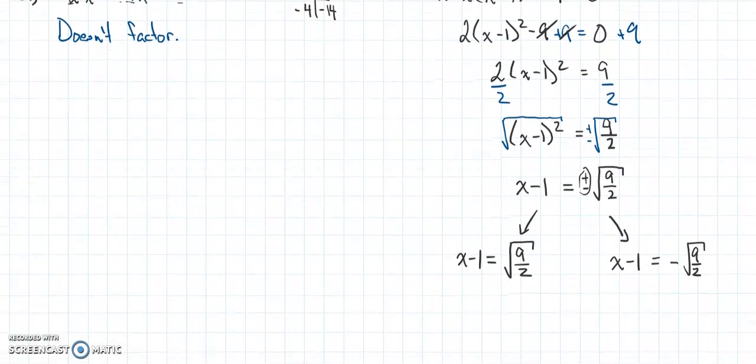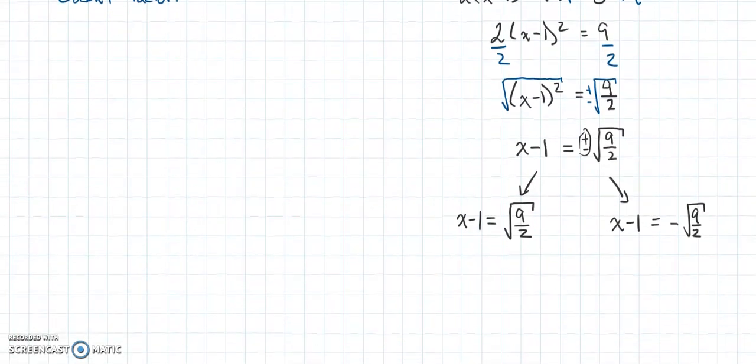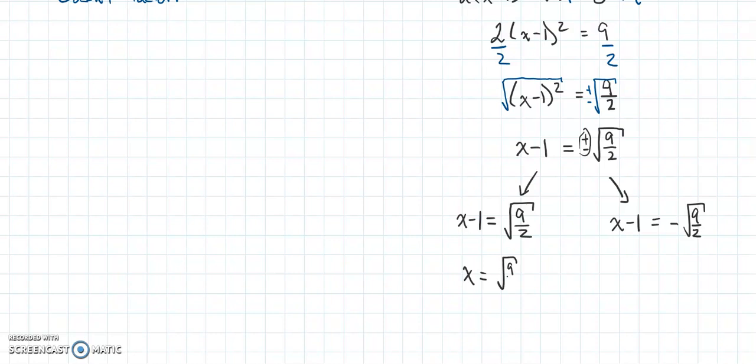Now you can solve each of these by adding 1 to each side. So x equals the square root of 9 over 2, plus 1, and for the second one, x equals negative the square root of 9 over 2, plus 1. So there's two answers.